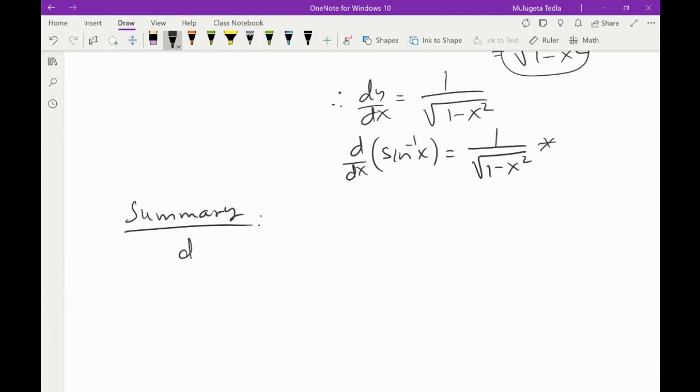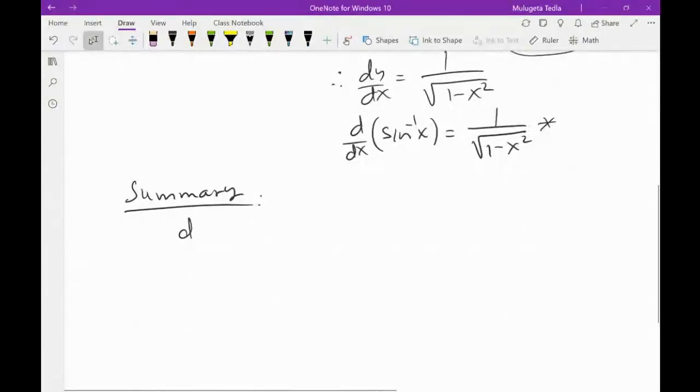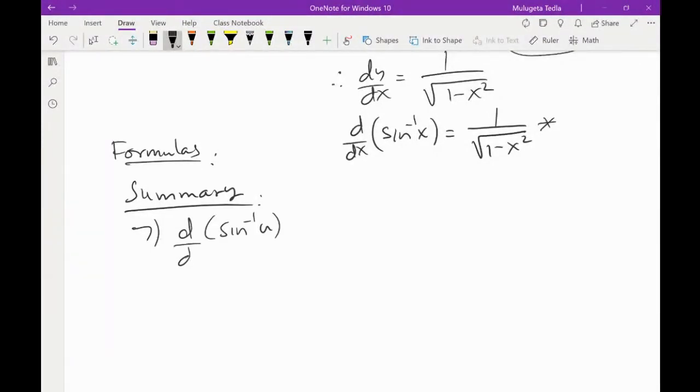Where were we? What was the last section where the formulas were up to 6? Now this is number 7. The derivative of sine inverse of u by dx is 1 over the root of 1 minus u squared times du by dx.